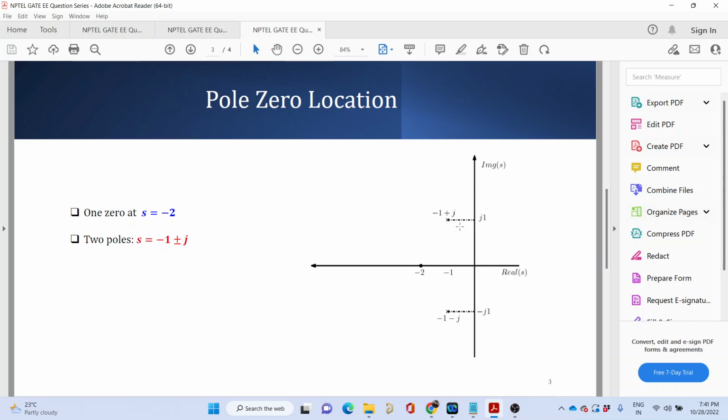Navkirti, any idea? Can you just give a guess how it should look like? It will start from minus 2 and then go towards j1 and minus j1. Where from does a root locus start? Does it start from open loop zero or open loop pole?